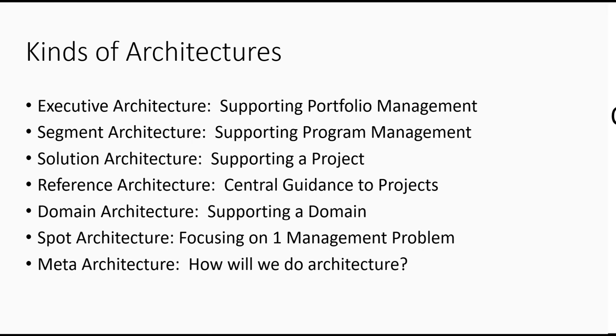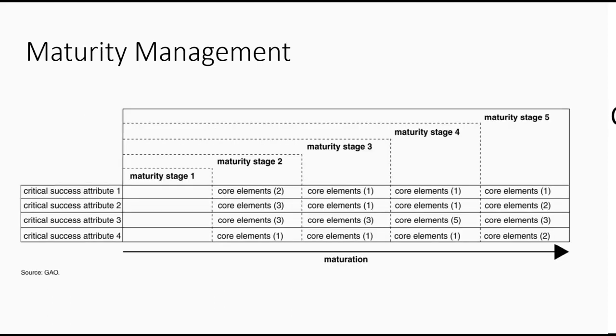A spot architecture, on the other hand, uses some grouping of data, such as the domain architecture, and focuses on one management problem and produces, say, decision support on that one problem. A meta-architecture tells us how we will do architecture and is useful in managing the architecture practice.